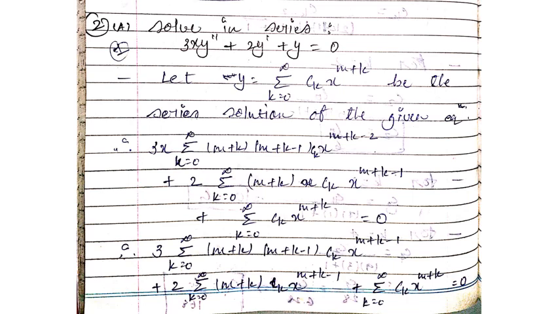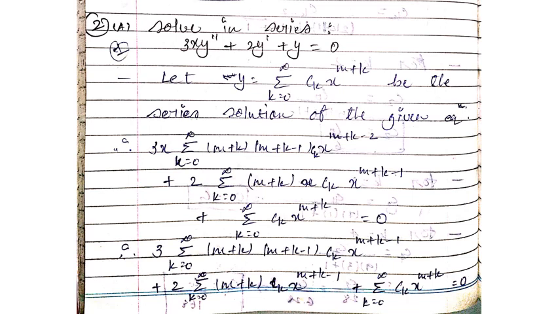In the starting, you have to do the classify method. It means you have to say whether it is from ordinary or from singular points. So for that you have to do that method again, that is classify. It means you have to find ordinary or singular points.